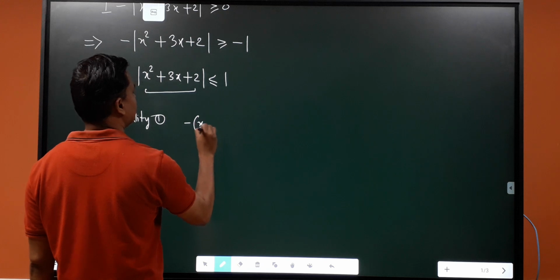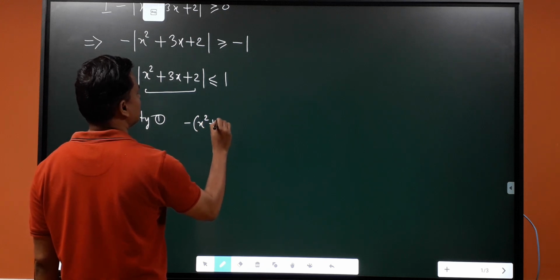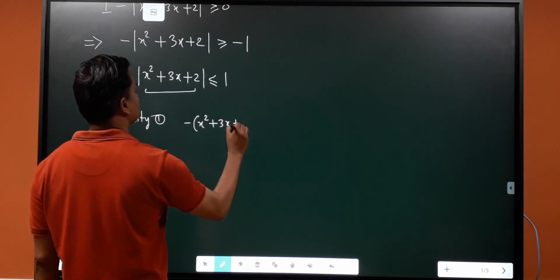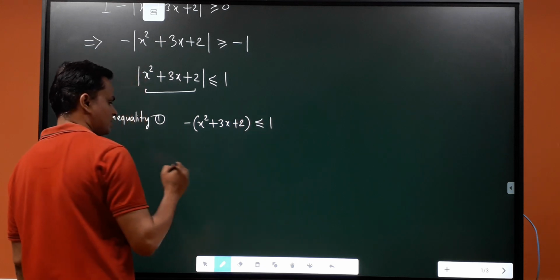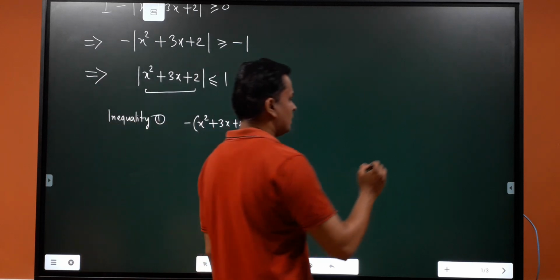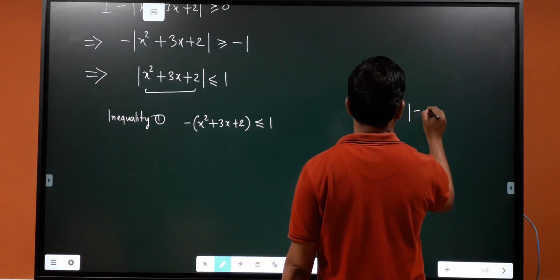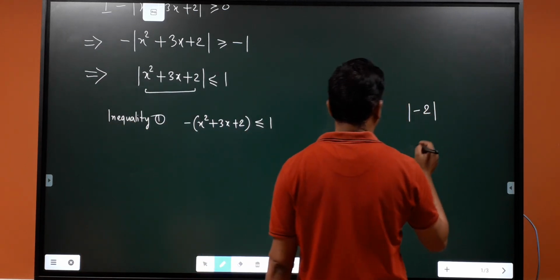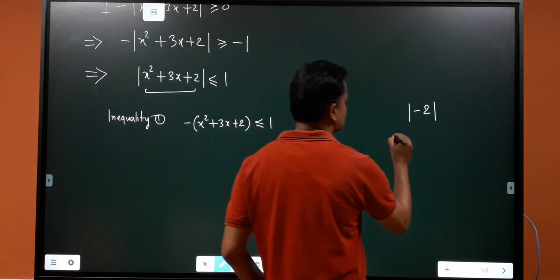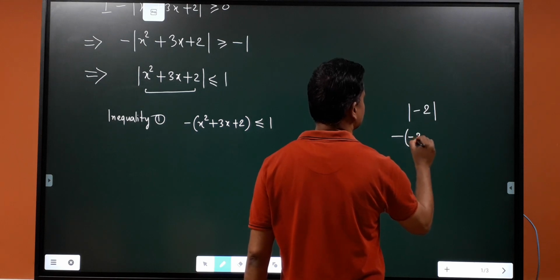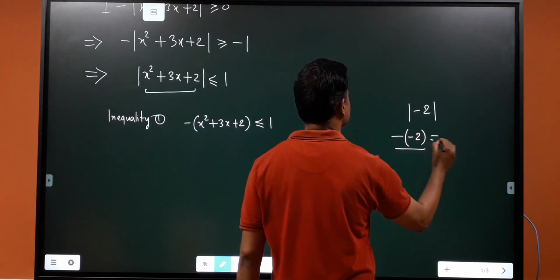If it is negative, then a minus sign will get appended in front of it to make it positive. What I am saying is, when a negative term is present inside modulus, for example minus 2, we know that it becomes positive. But how does it become positive? Actually a minus sign gets appended in front of it, and that makes it positive.